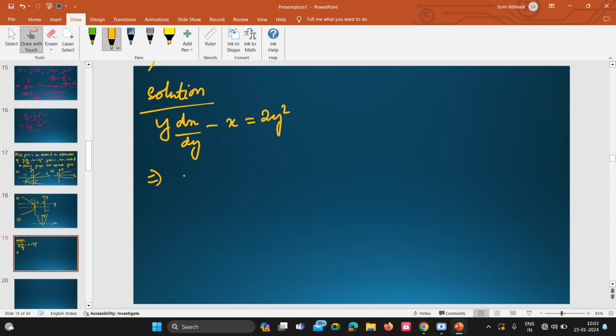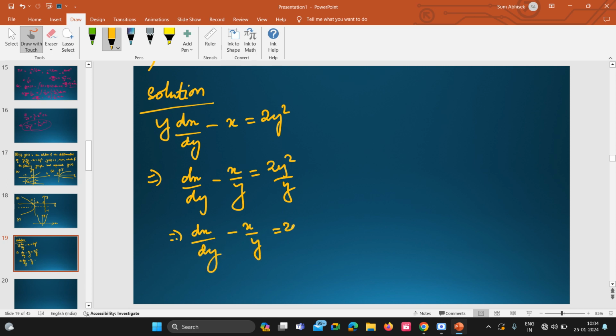So what will I do? I will first divide y on both sides. So dx by dy minus x by y is equal to 2y square by y, that is 2y.